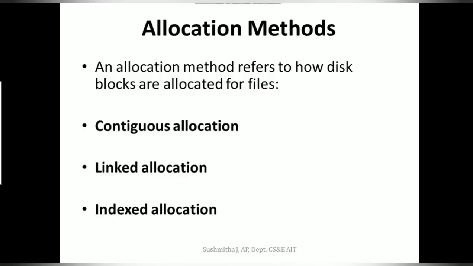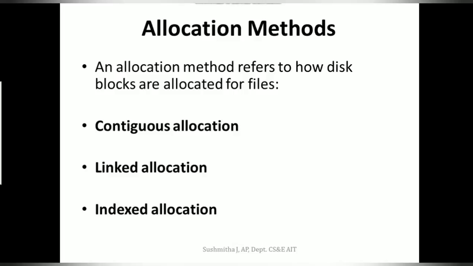In most cases, many files are stored on the same disk. Now, having said that, how do I allocate the space to the file so that the disk space is used effectively and the file access is also made quick?